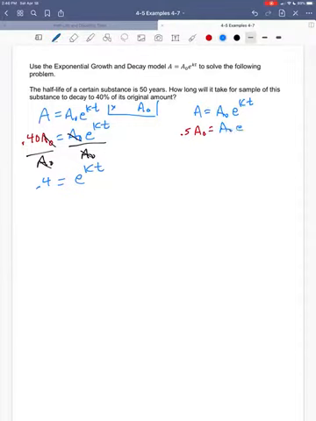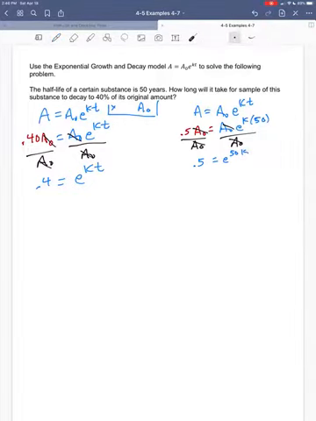And I don't know what k is, but now I know what t is because the half-life is 50 years. So this little trick works on this part too. I divide both sides by A sub 0 so that that goes away. I get 0.5 equals e to the 50k, and now I only have one variable.